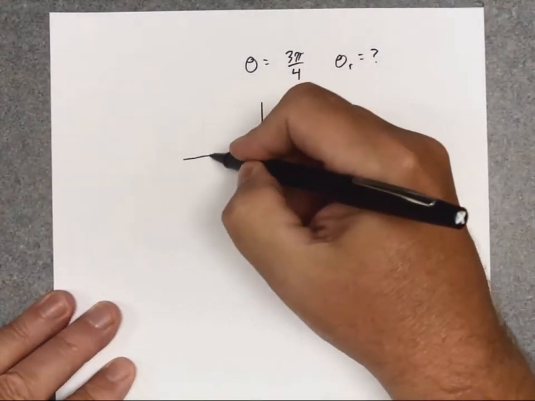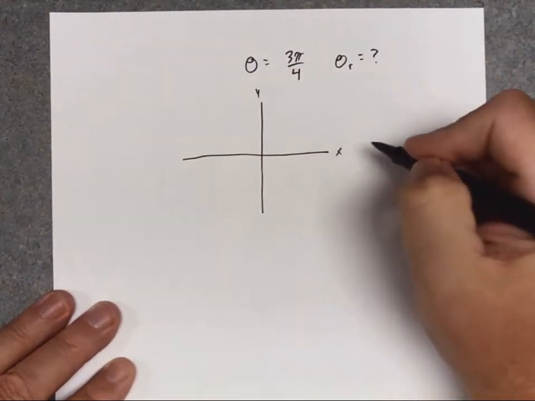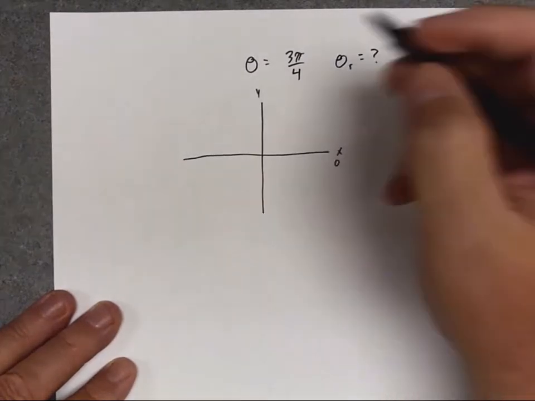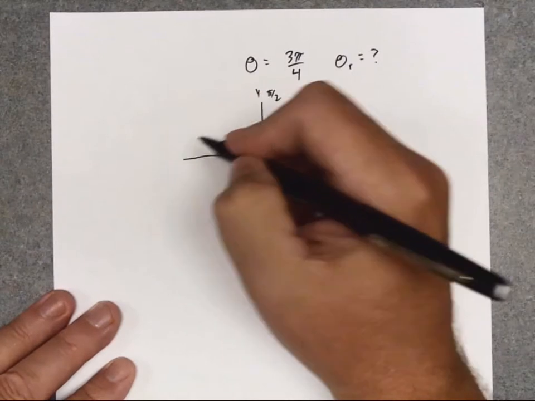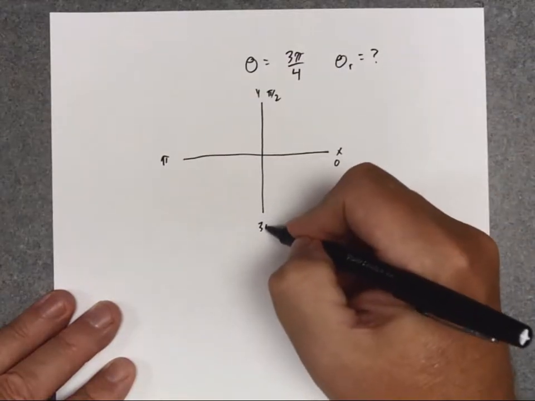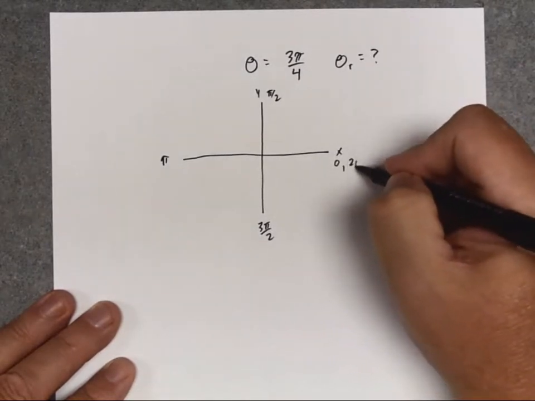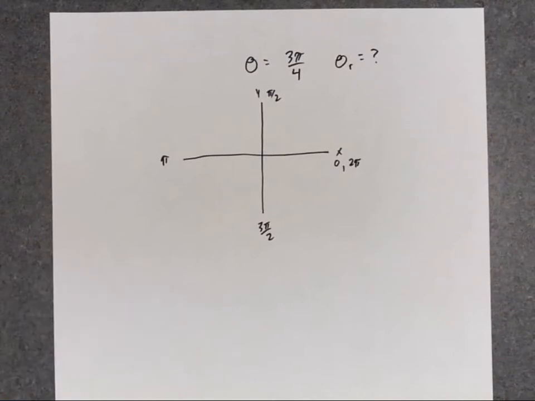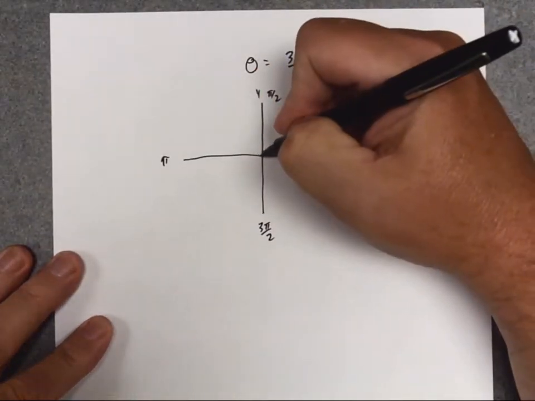So now you have to remember, let's just review. 0 radians here. The y-axis, that's considered π/2 radians. The negative x-axis is pi. Down here is 3π/2. And when I get back to my x-axis, one trip around, I've gone 2 pi radians. So 3π/4 actually is halfway in between pi and π/2.